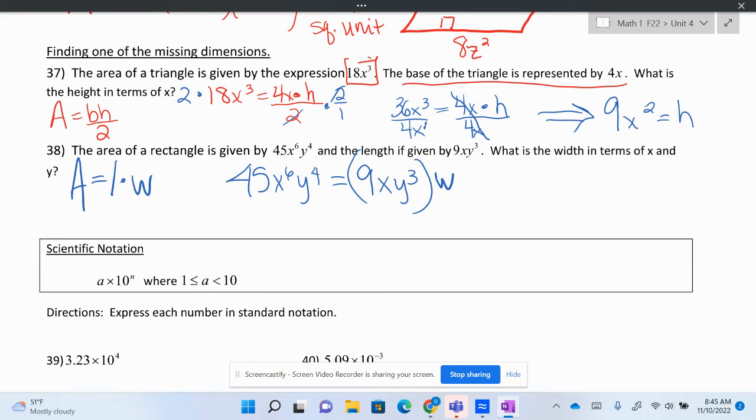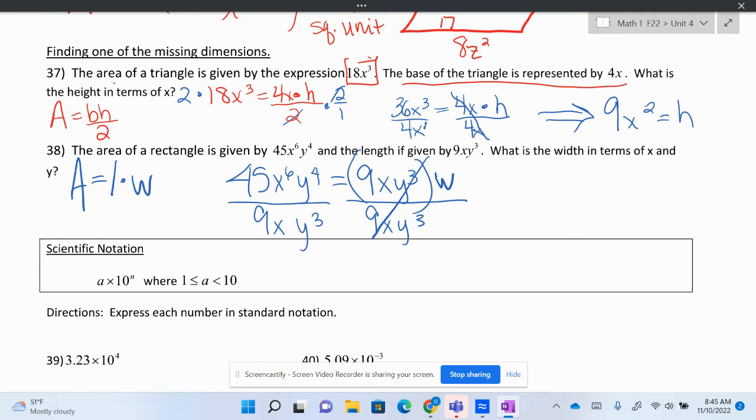Well, what's the undo of multiply? Divide. So I have to divide this side by the 9xy cubed, because I'm trying to get w all by itself. And that means I have to divide this side by the 9xy cubed.